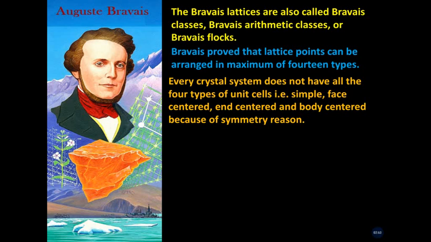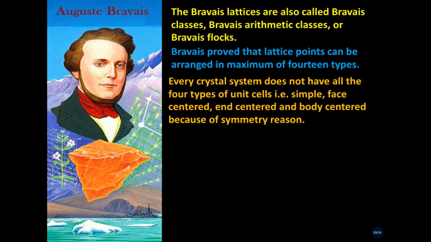7 crystal systems and 4 types of different unit cells. If you multiply 7 by 4, then it is 28. But actually, because of symmetry reasons, the structures are repeated. So the number of Bravais lattices decreases from 28 to 14.